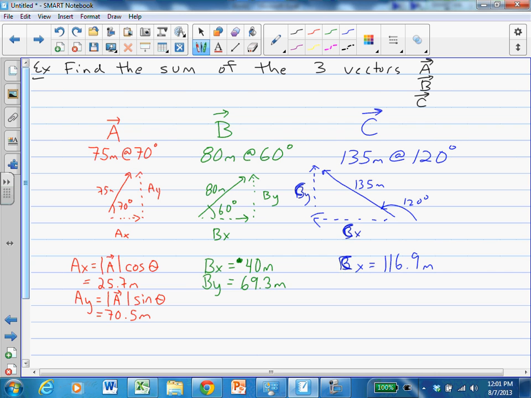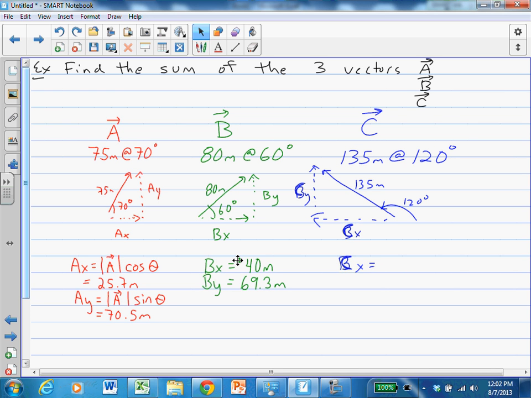Let's go back a minute. I want to check this. See, I was going too fast. BX is 80 times, we come back to the green, 80 times the cosine of 60, or 40. Okay, so I did those right. And then CX would be 135 times the cosine of 120, which would be minus 67.5 meters.